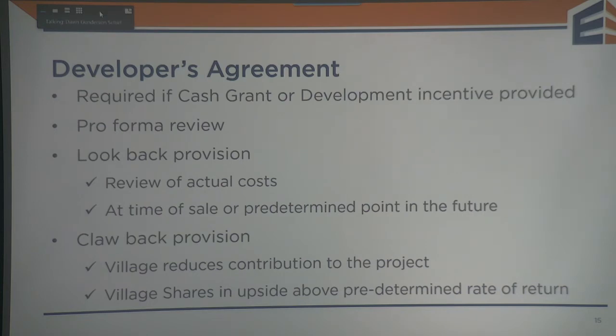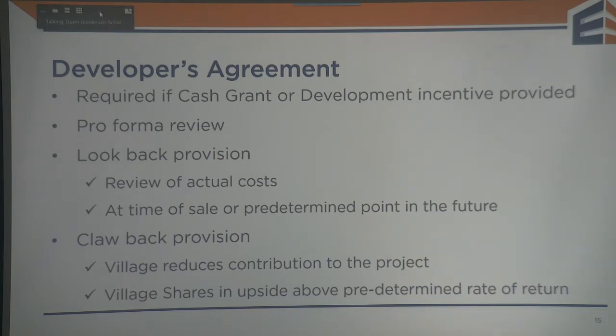It's the developer's estimates of what it's going to cost to construct the building, all their material costs, land acquisition, whatever their costs are, those are estimates. And I understand you've engaged an individual to help vet those numbers up front, but once again, they're still estimates. So we always encourage that a re-review of the pro forma is done after the actual costs are incurred, so that you now know what the real cost to the developer has been.